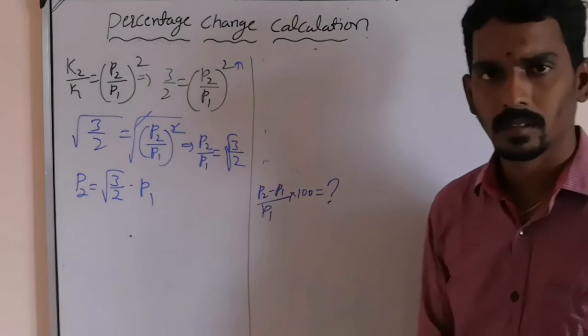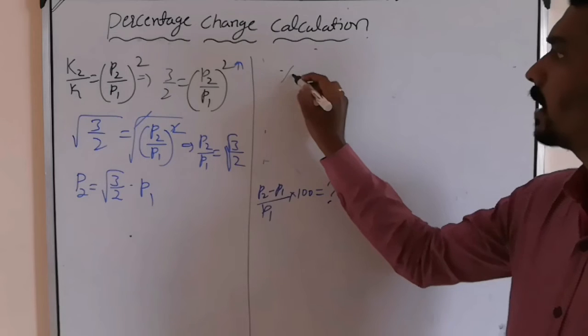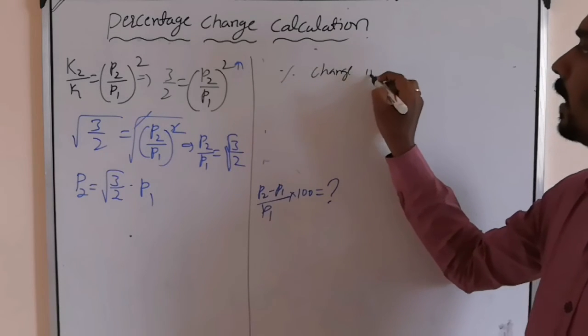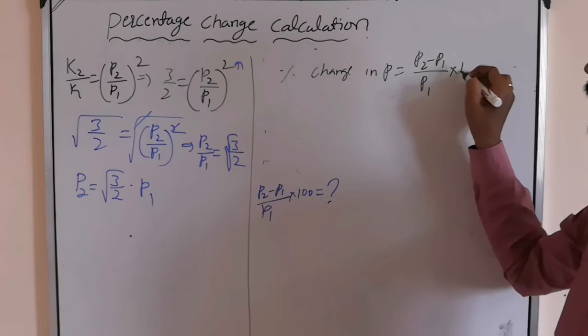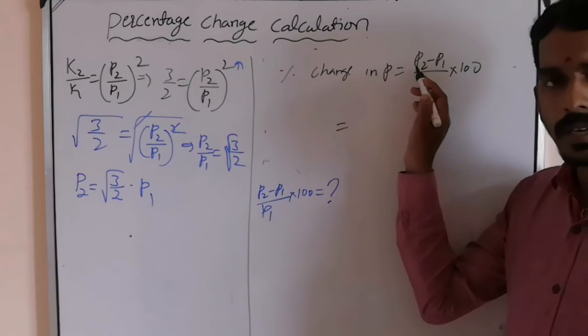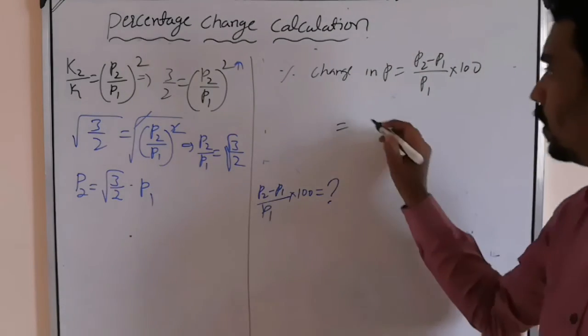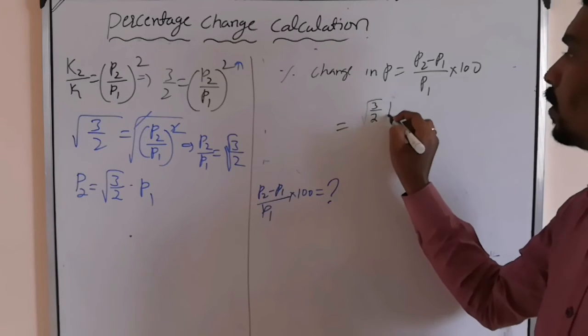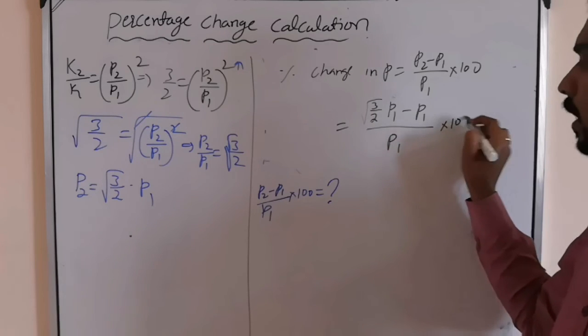Then the final step. After getting the P1, P2 relation, the percentage change in P equal to (P2 minus P1) by P1 into 100. I told you already, always substitute for P2, the second final value. So (root of 3 by 2 P1 minus P1) by P1 into 100.